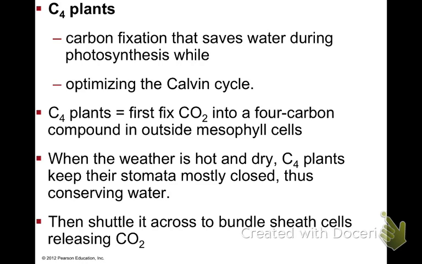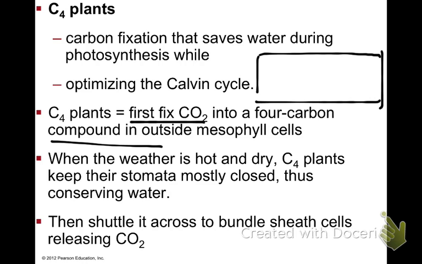Okay, so C4 plants, what do they do? They first fix the carbon into a 4-carbon compound. So here, carbon dioxide comes in and there is a 3-carbon compound and it turns into a 4-carbon compound. This is what is let in.